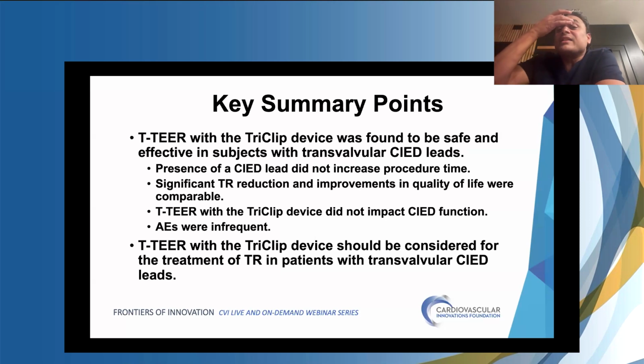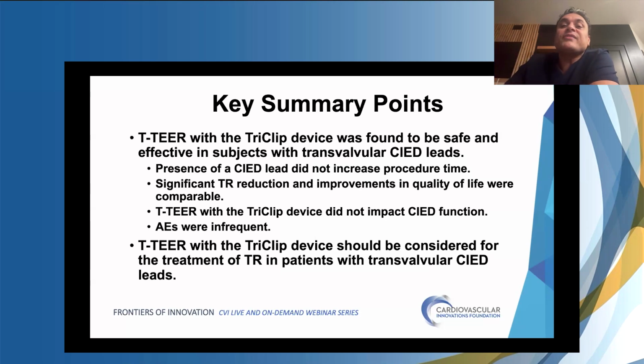I didn't mention that in the last slide, but there were no events that might be associated with a lead, as you might see in other trials, where the lead was dislodged, or there was pericardial effusion or need for emergency pacemaker. There were no patients like that. Adverse events were infrequent. Tricuspid TEER with the TriClip device should be considered for the treatment of TR in patients with transvalvular CIED leads.